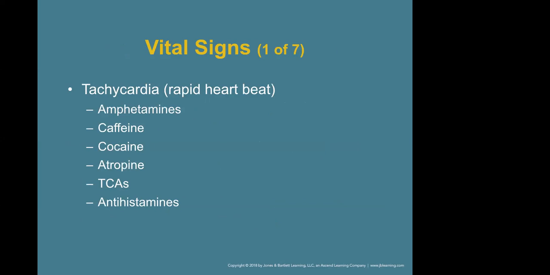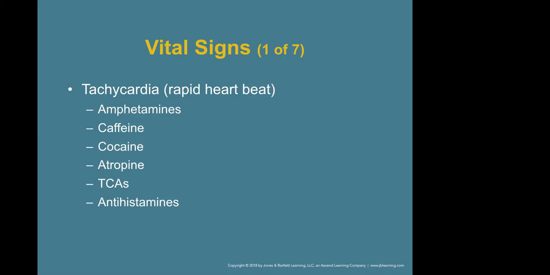So, some commonly associated vital signs with their associated overdose agents. Tachycardia: meth or amphetamines, amphetamines being the prescribed version, methamphetamines being the cooked version. Caffeine, yes, you can overdose on caffeine.